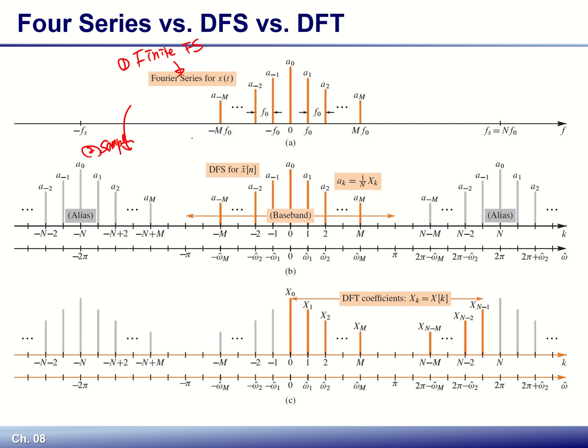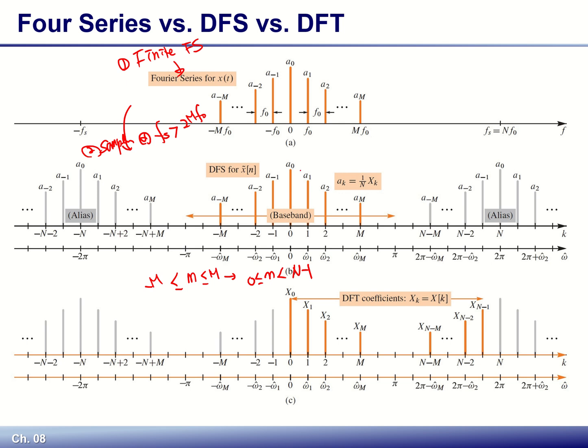So when you sample at fs greater than 2f0 due to the sampling theorem, there will be duplicates, which we call aliases, every N. And when we consider DFT, we take n from 0 to N minus 1.